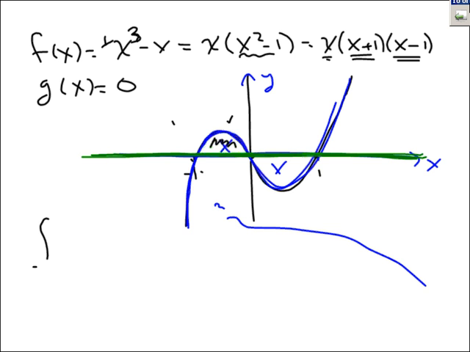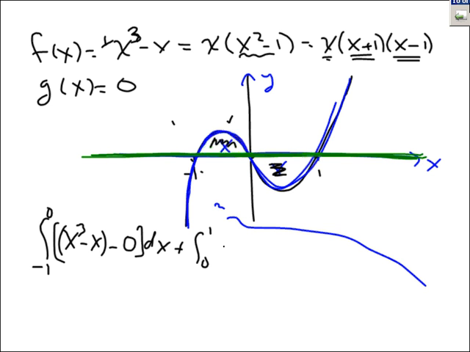So between -1 and 0, I do the blue function, x cubed minus x, minus the green function, which is 0, dx. And then I add on from 0 to 1, this area in here, where the green function is on top, minus the blue function, which is on the bottom, dx.